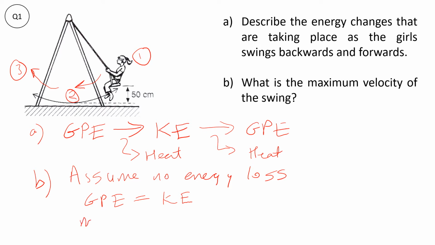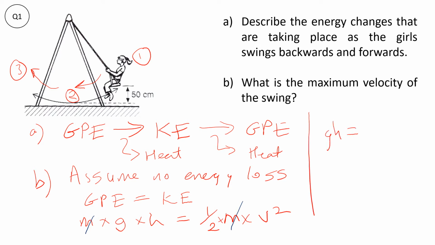Therefore, M times G times H equals a half M times V squared. You'll see that the M's cancel out. Okay, so what we're left with is GH equals half times V squared.